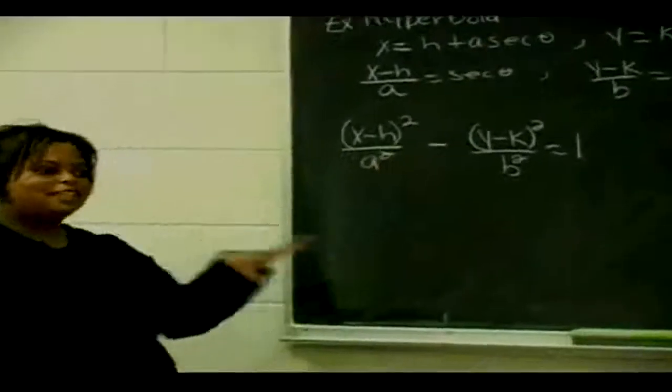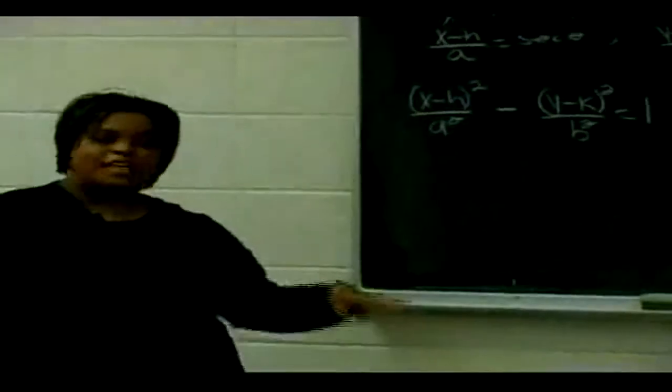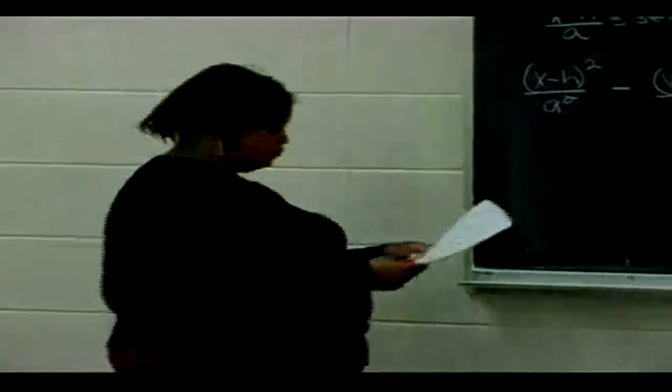So notice these things come from these Pythagorean identities. These circles, these hyperbolas, these ellipses, these parabolas come from that. So this is the equation I get when I eliminate the parameter.